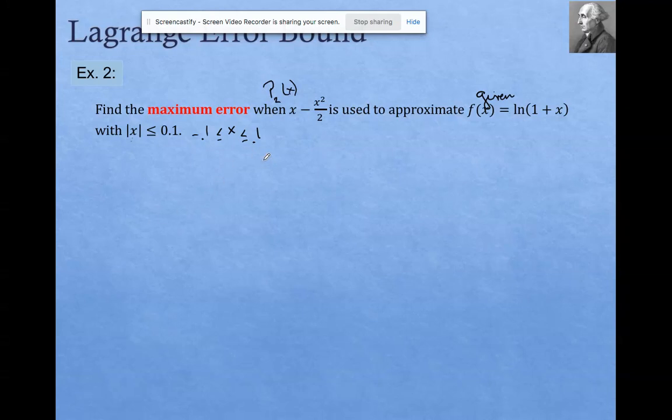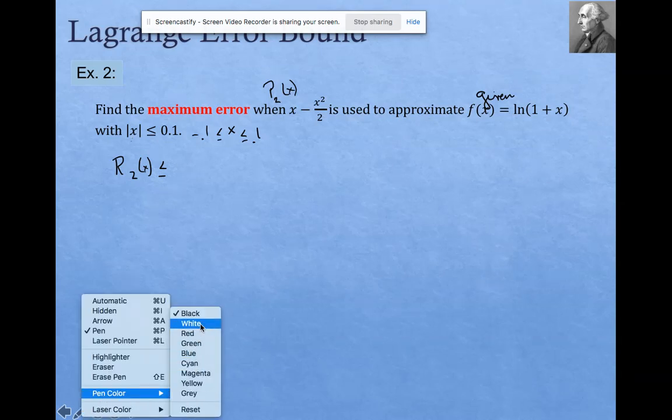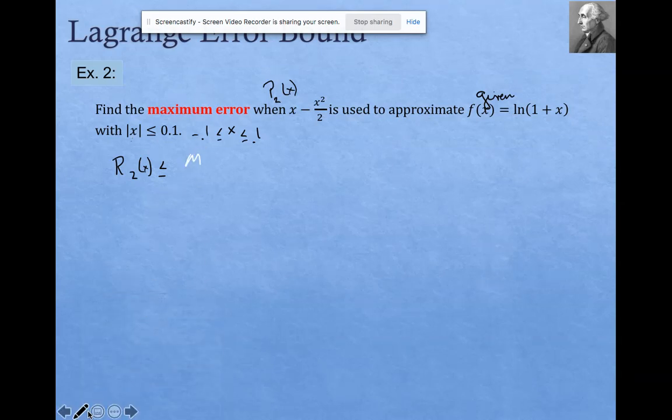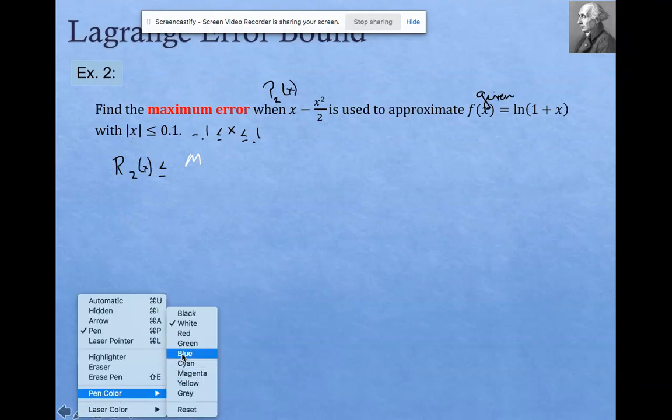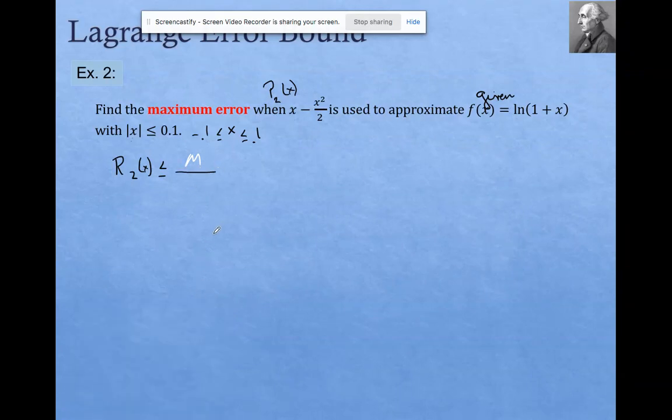So I want to know what is the maximum error. So that's going to be my remainder, since I've got P sub 2 of x, the remainder after the second order is less than or equal to M over n plus 1 factorial times the absolute value of the x they want me to approximate.